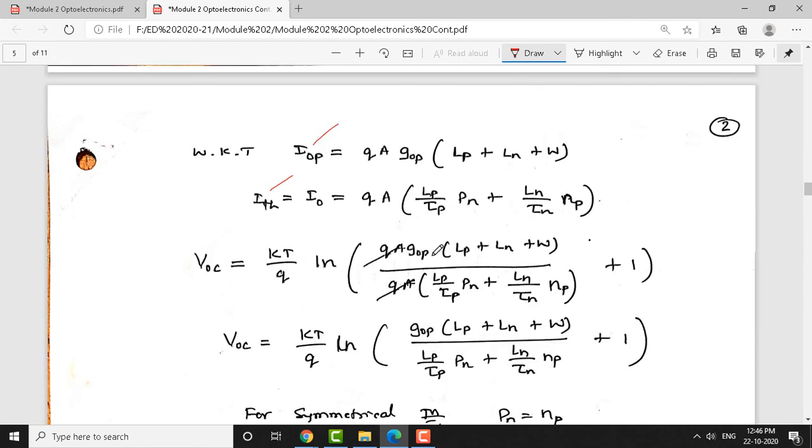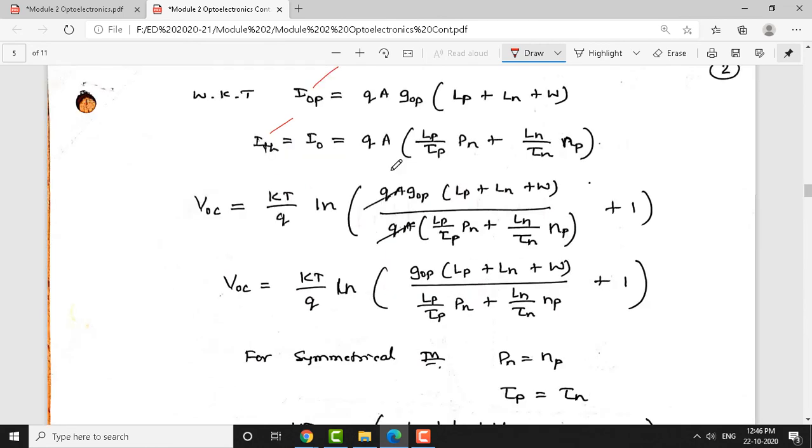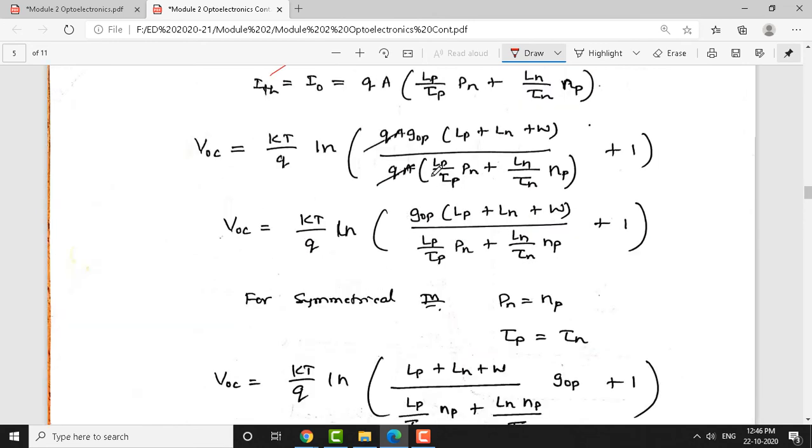So, what you get here? q A GOP times Lp plus Ln plus W, and in the denominator you will have this term, q A cancels here. From now onwards it is simplification. In the numerator you are retained with only GOP times Lp plus Ln plus W. In the denominator you are left with Lp by tau p into Pn plus Ln by tau n into Np.